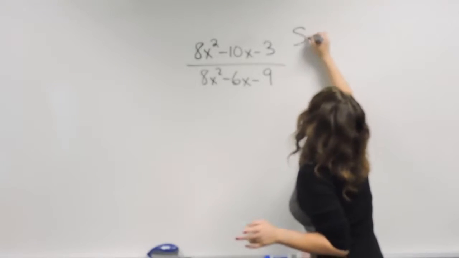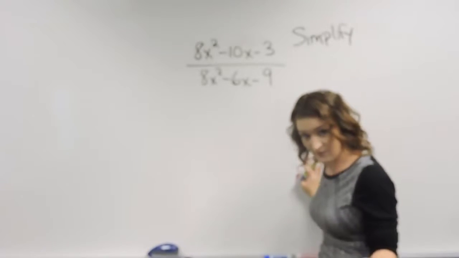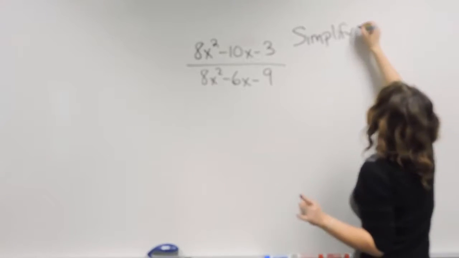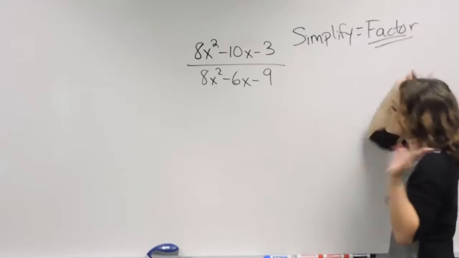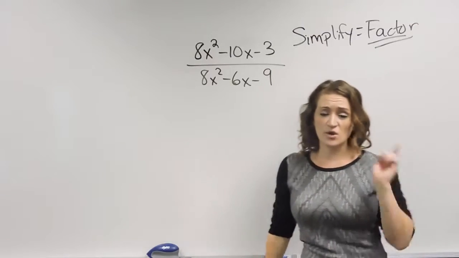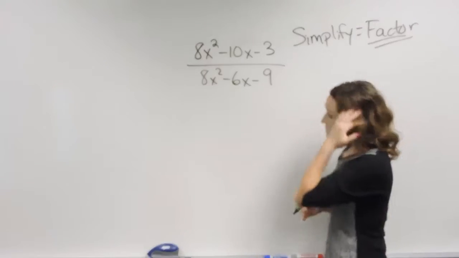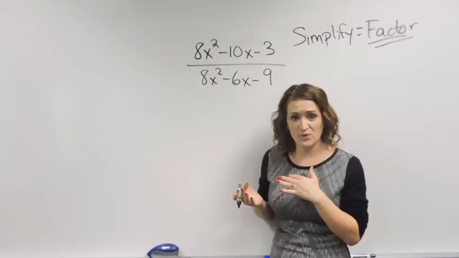Now, the main thing to keep in mind is that when it's telling you to simplify a rational expression, simplify really means factor. You need to factor the numerator, and you need to factor the denominator. That all depends on what kind of example you got.